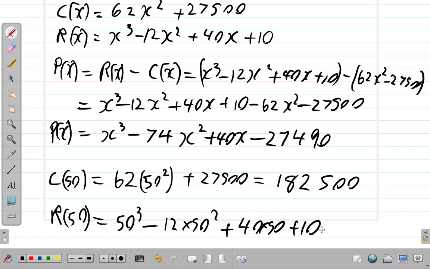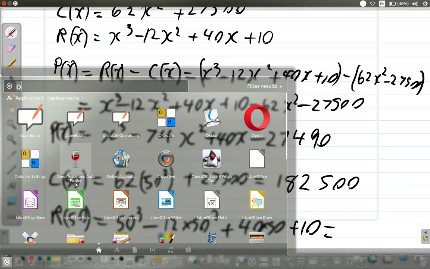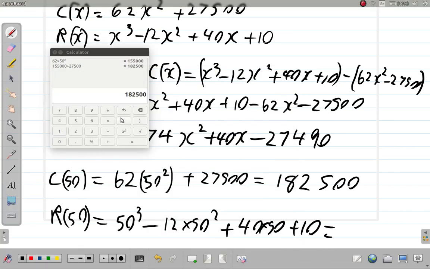So what is that going to amount to? Let's see. Now you have 50 cubed.